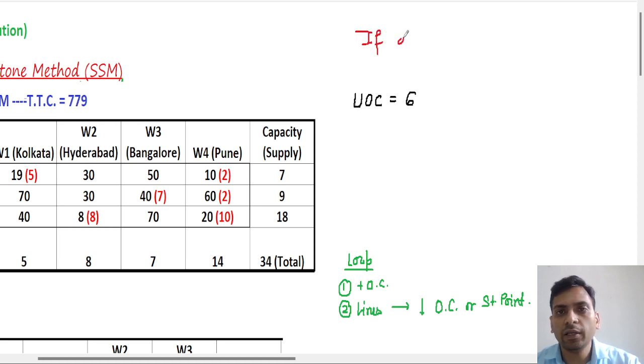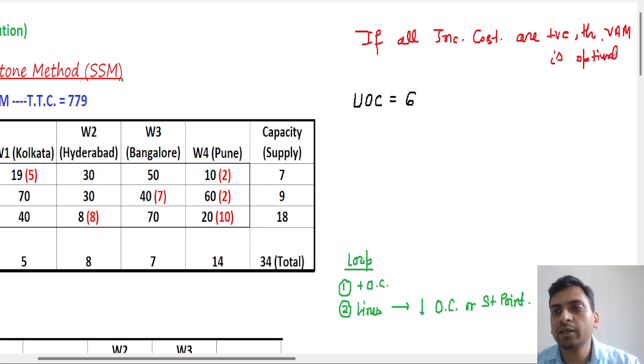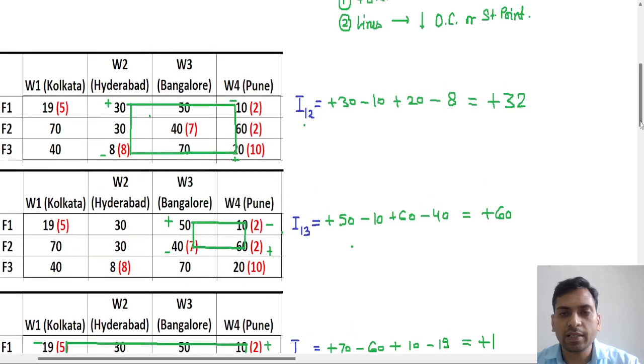So if all incremental costs are positive, then solution of WAM is optimal. Otherwise, we will find solution using stepping stone.